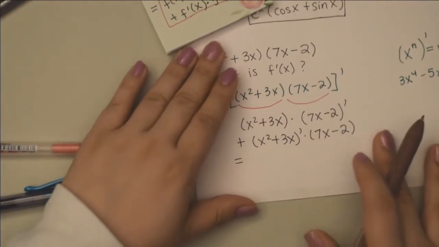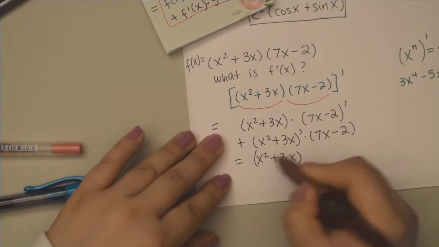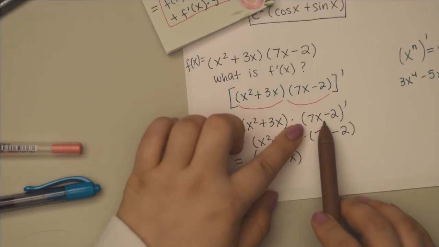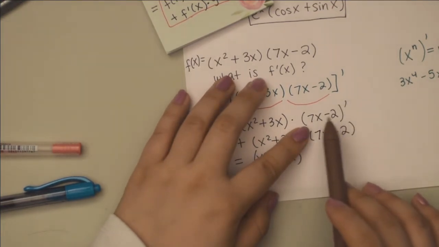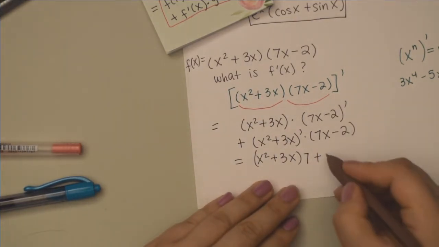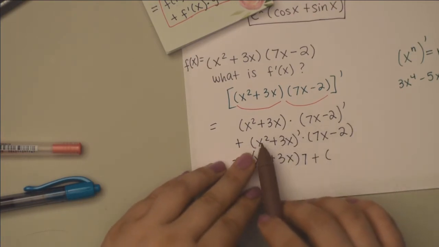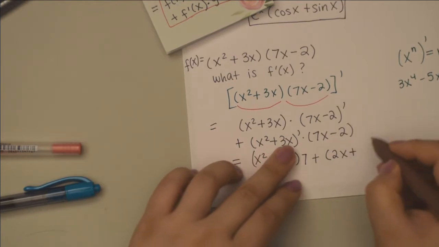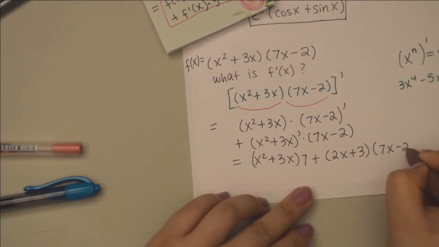So we have x squared plus 3x times, and then the derivative of 7x minus 2 is just 7. The 2 prime becomes 0, goes away, right? So it's just 7, plus the derivative of x squared plus 3x, which is 2x plus 3, times 7x minus 2.